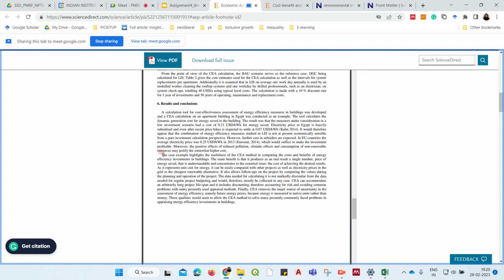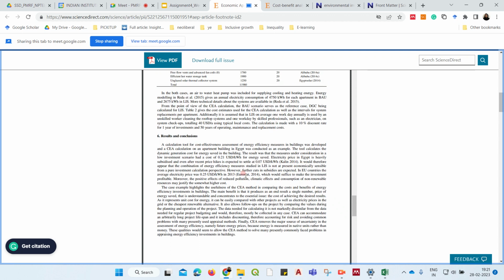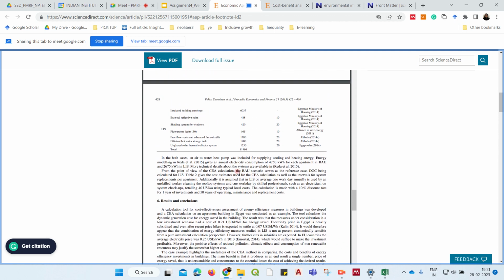What they found at the end of their study from their cost benefit analysis is that it is not really affordable at that particular point of time to change from the conventional methods to more energy efficient methods, but then they identified the areas in which interventions could be made.